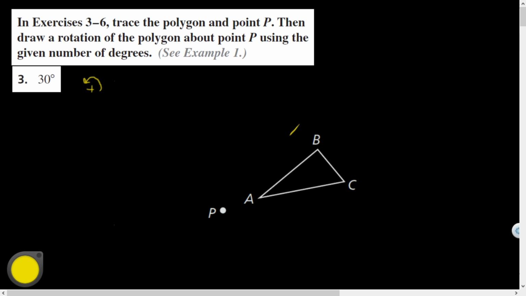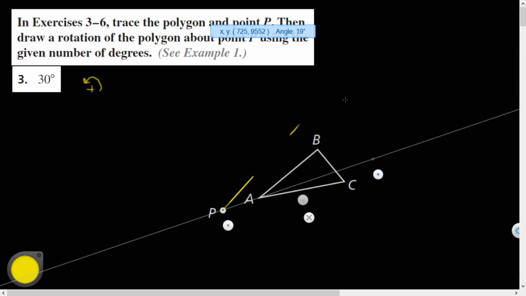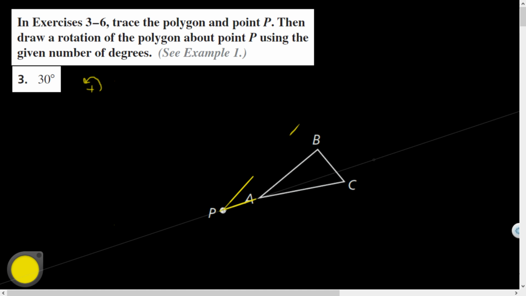And what I'm going to do is to imagine the line that passes from P through my 30-degree angle. So I'm thinking of something like this. So something like that, right? And when I'm thinking about this, I know that this distance, I guess I can draw that. Let's do this for real, at least for point A, and then I'll speed along for the others. I know that I'm expecting this distance to be congruent to where A prime is going to land.